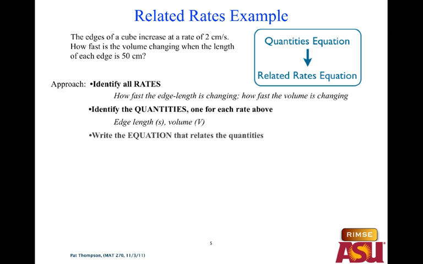The edge length cubed, right? So now we're ready to write the equation that relates the quantities, and that's going to be volume equals S cubed, okay? Volume equals S cubed.